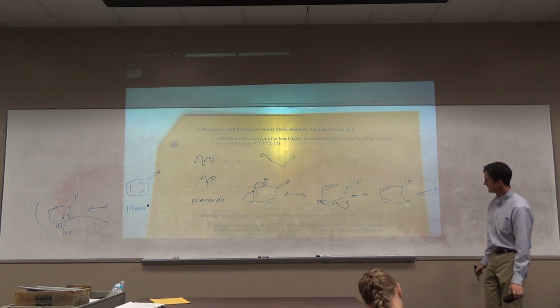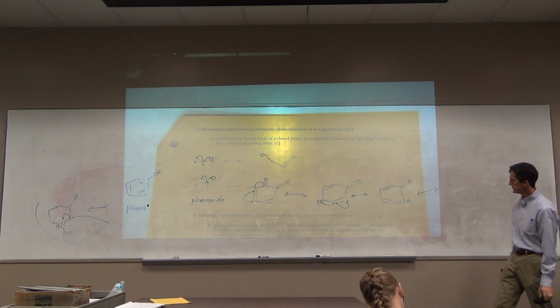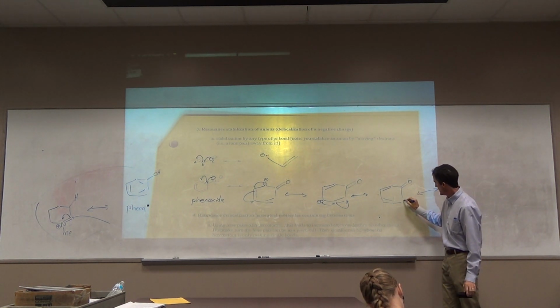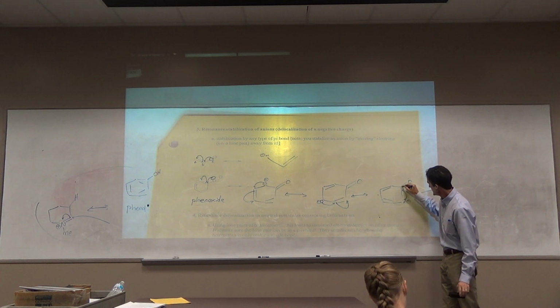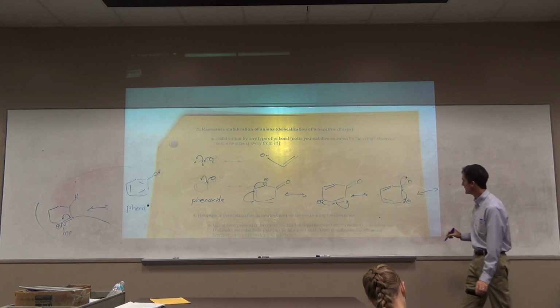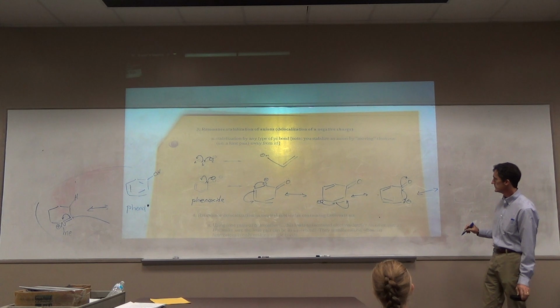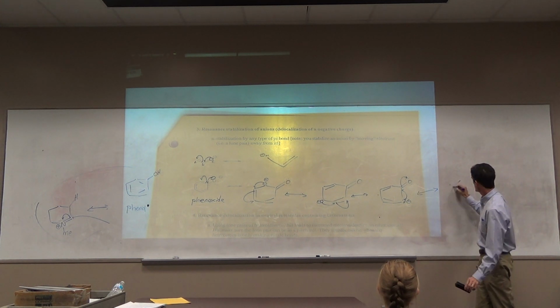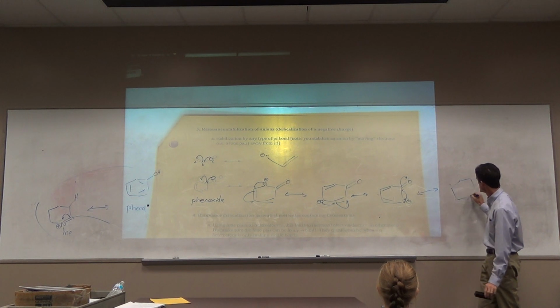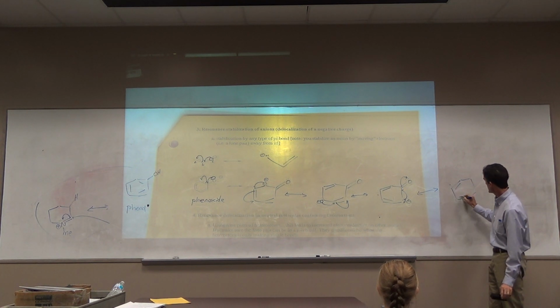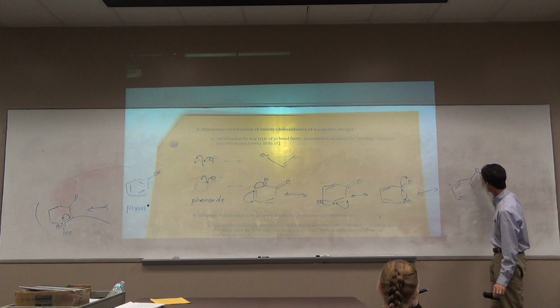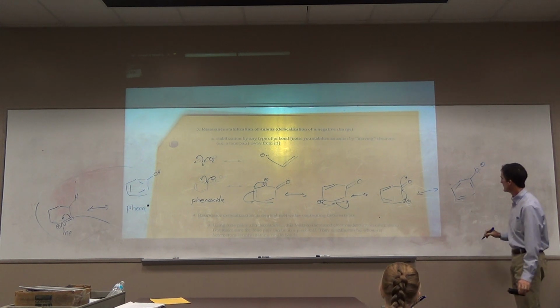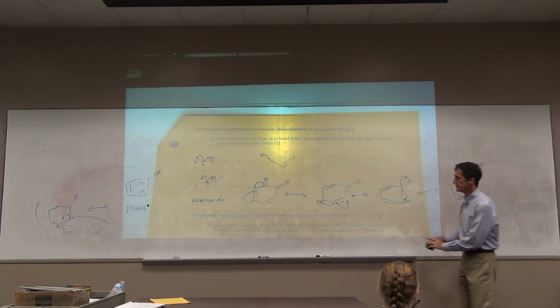What can we do? What if we keep going? Electrons here and move these back out. That's pretty much the original. We discussed that before. The charge is now back onto the oxygen, yeah? But the pi bonds have been moved around.